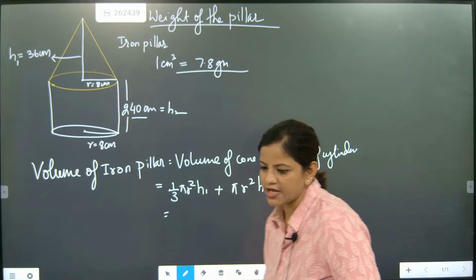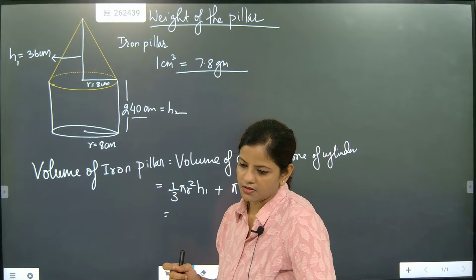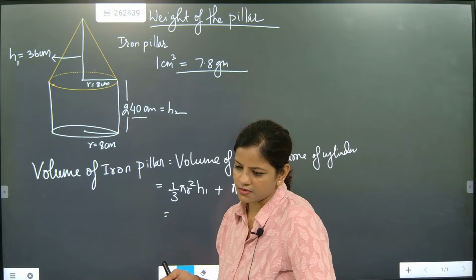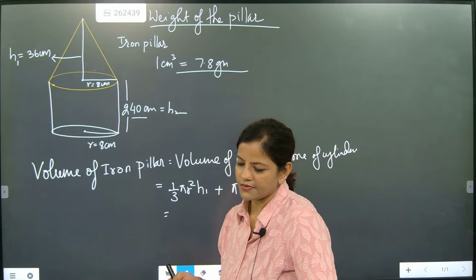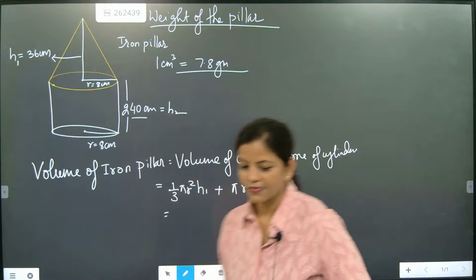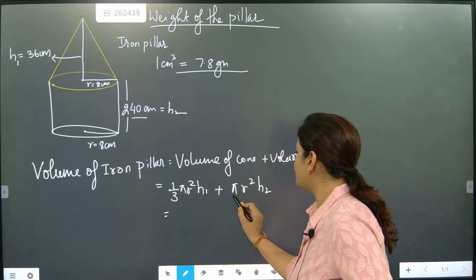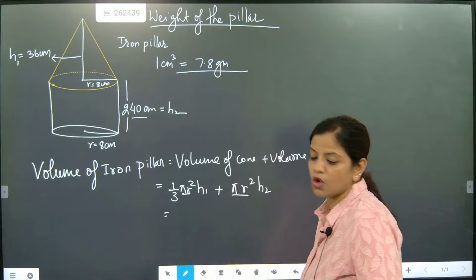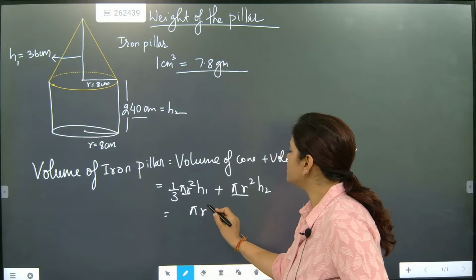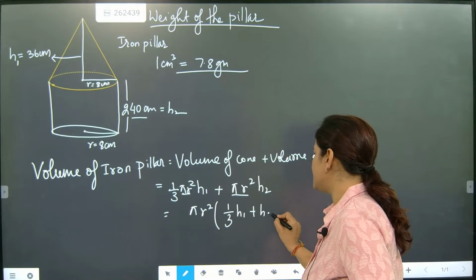You must remember that r remains. So what we are going to do here is, pi r square is common, so we will take out pi r square. Very good. Pi r square we have taken out, and 1 by 3 h1 plus h2 is inside.